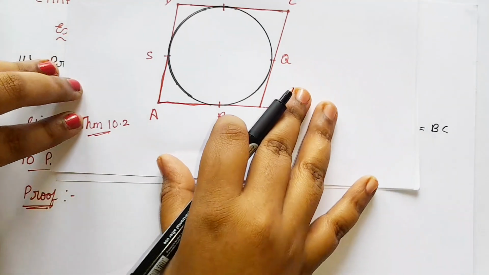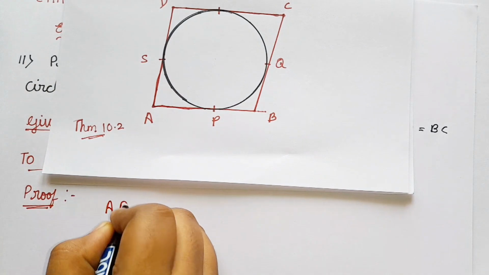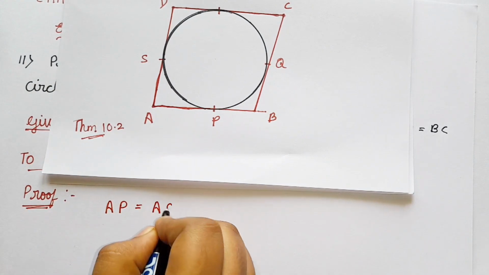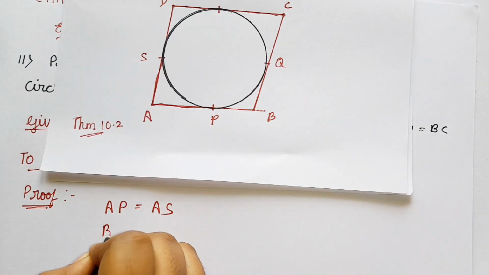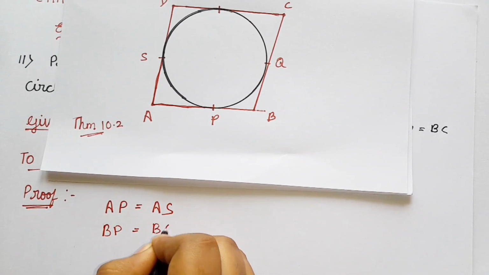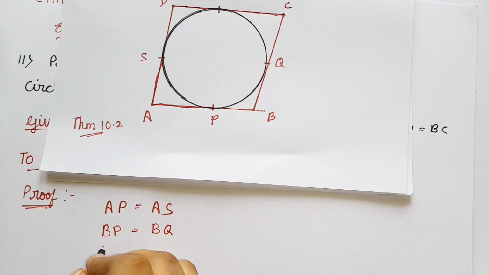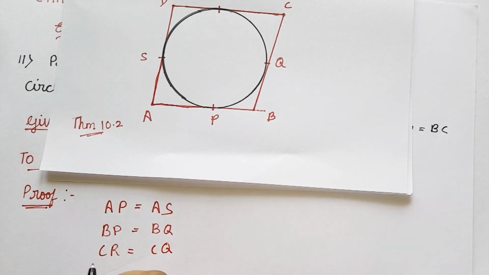So according to theorem 10.2, I can say AP is equal to AS, BP is equal to BQ, CR is equal to CQ, DR is equal to DS.